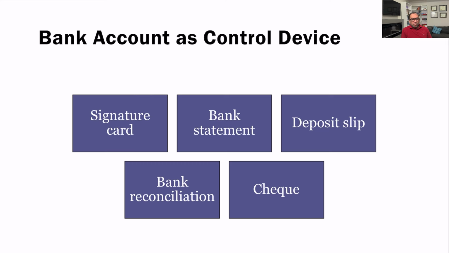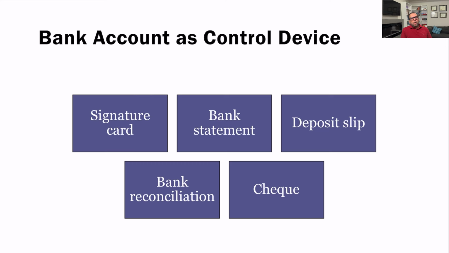The control devices banks use to protect the customer include the signature card. The signature card is a legal document to prove and protect the identity of a signatory or account holder.